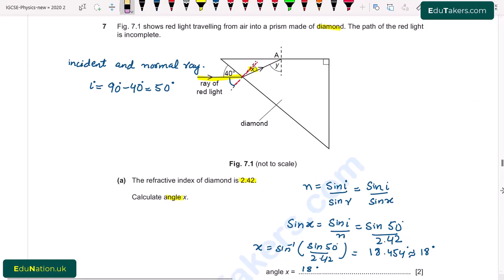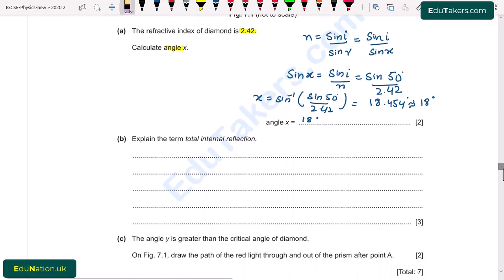Part B. Explain the term total internal reflection. Here we have to define what is total internal reflection. So let's suppose that I have two surfaces. For the definition of total internal reflection, consider I have two media.